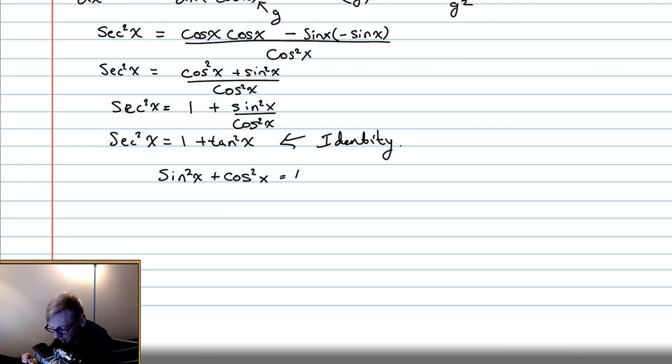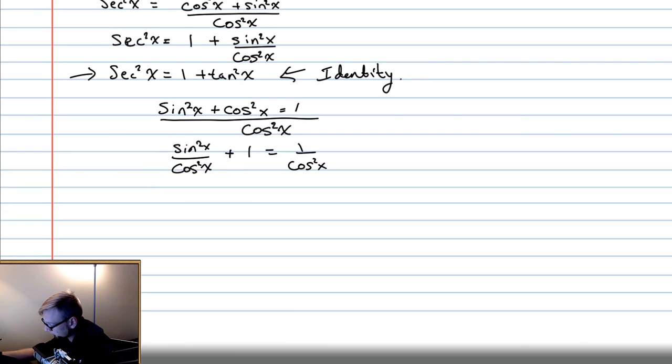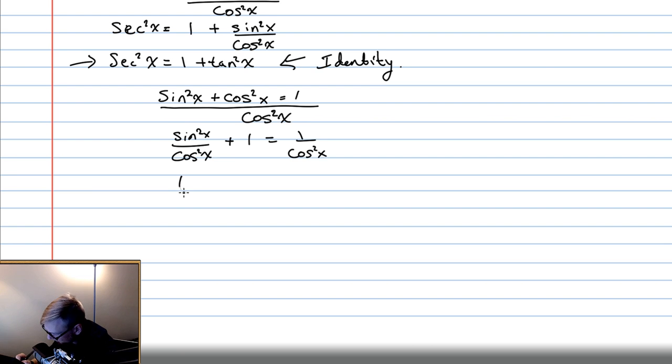So instead of memorizing this identity, why don't you just start with this identity and divide by cosine? Look, if I just divide by cos squared, we get sine squared over cos squared plus 1 equals 1 over cos squared. Well, we know this is secant squared, and this is tan squared.